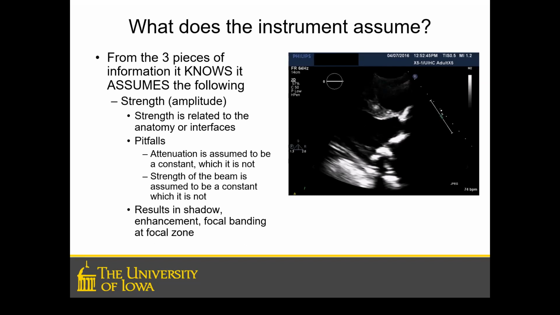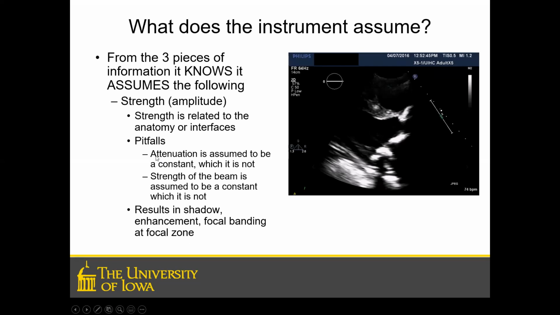So the assumption is that the strength of the returning echo is related to the anatomy or the interfaces that it hit. But the pitfalls in that regard are that the instrument assumes a standard attenuation in soft tissue, which is 0.5 decibels per centimeter per megahertz of frequency.